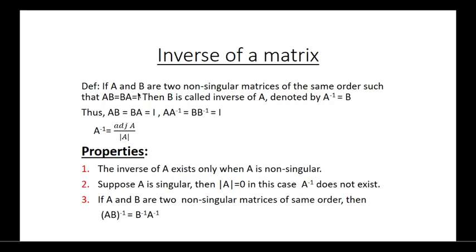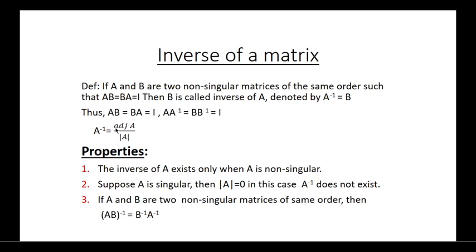Have you understood the inverse of a matrix? To find the inverse of a square matrix, first that matrix should be non-singular. Non-singular is nothing but the determinant being non-zero.